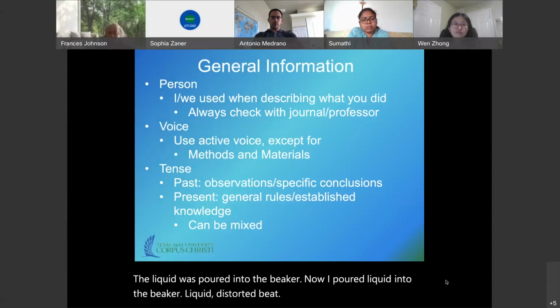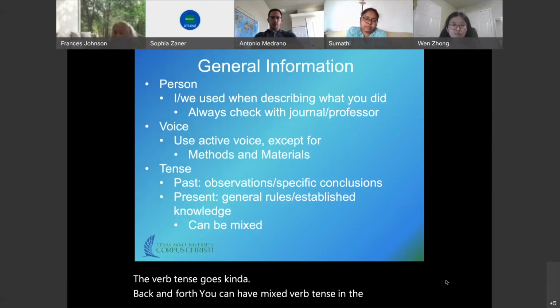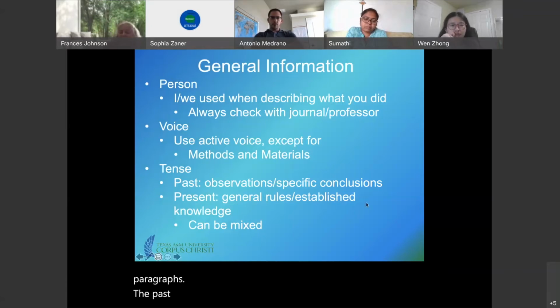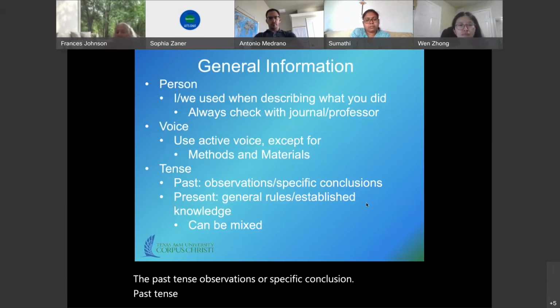Tense, the verb tense, goes kind of back and forth. You can have mixed verb tense in the same paragraphs. Past tense is for observations or specific conclusions, and it would be in your method section.